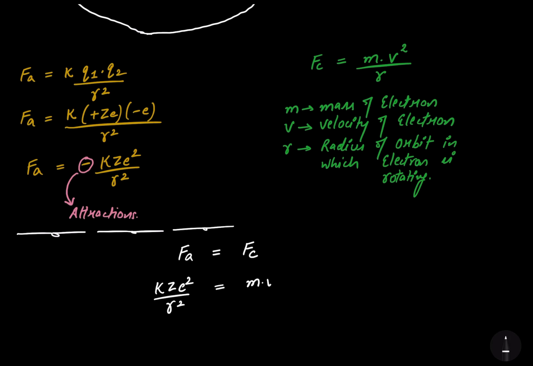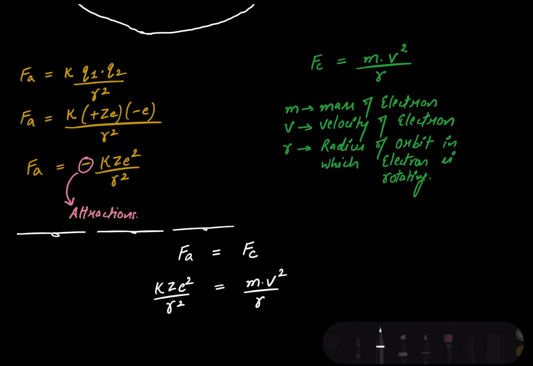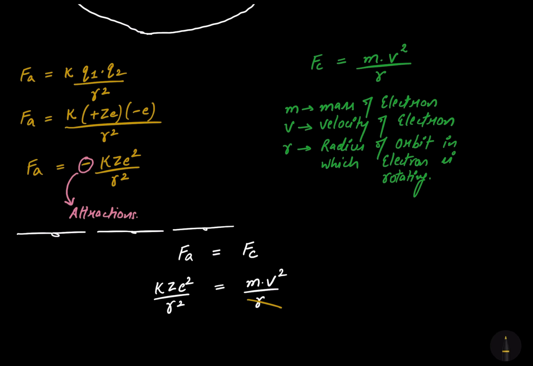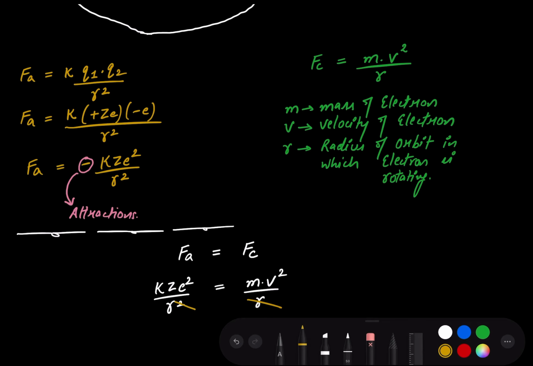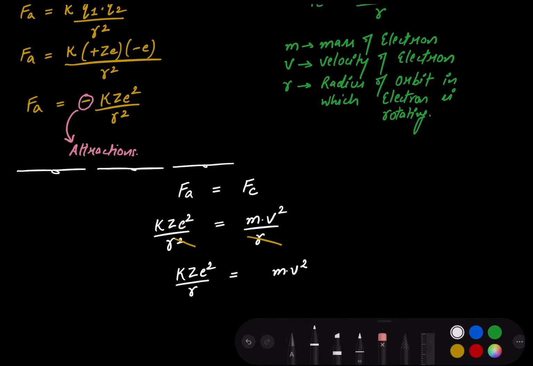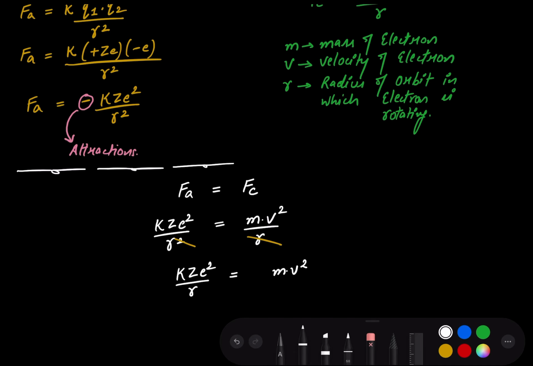It's m v square divided by small r. What will happen over here? The r will get cancelled by the square. It comes out to be k z e square divided by small r will be equal to m v square. Now multiply both sides by 1 by 2.